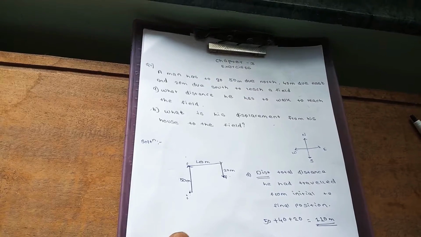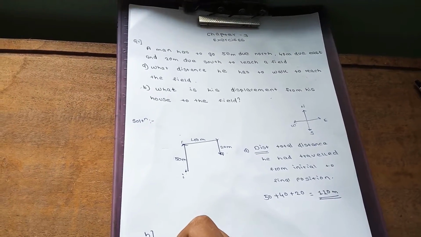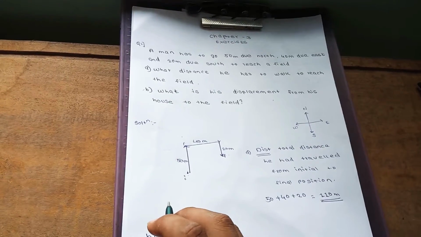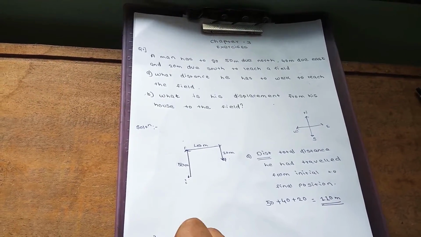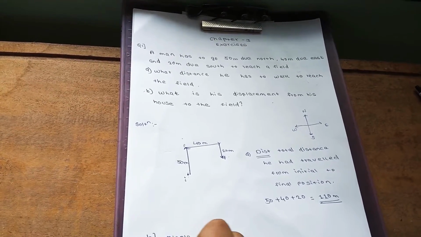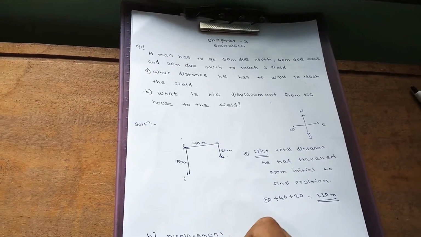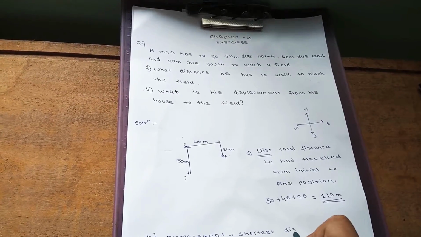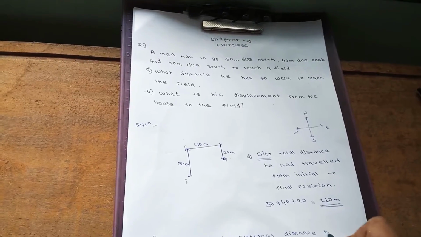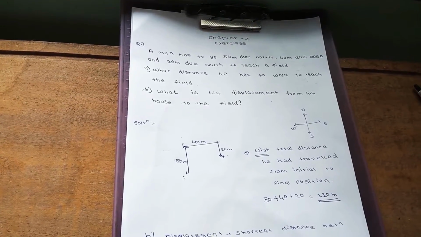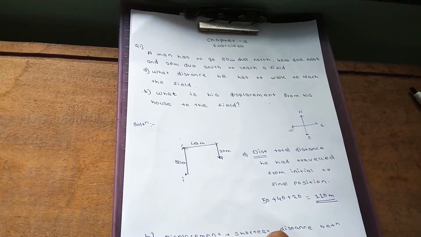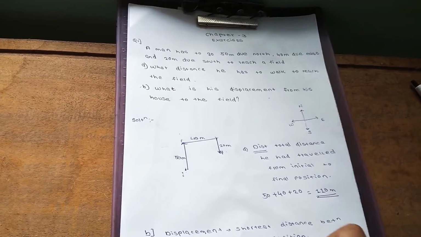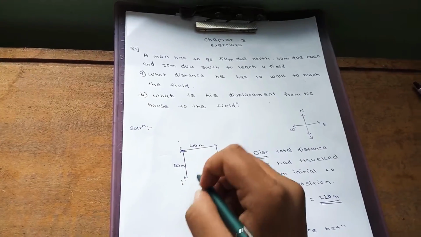And now for B part they have asked the displacement, right? Displacement is basically the shortest distance between the initial position and the final position. So how can we find the shortest distance in this part?